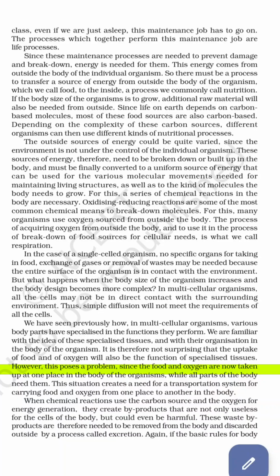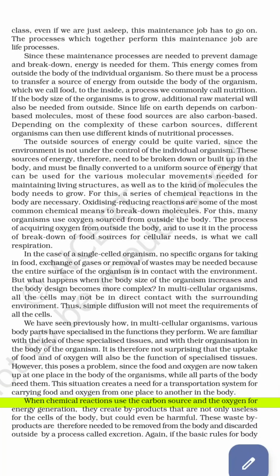However, this poses a problem since the food and oxygen are now taken up at one place in the body of an organism while all parts of the body need them. This situation creates a need for a transportation system for carrying food and oxygen from one place to another in the body.